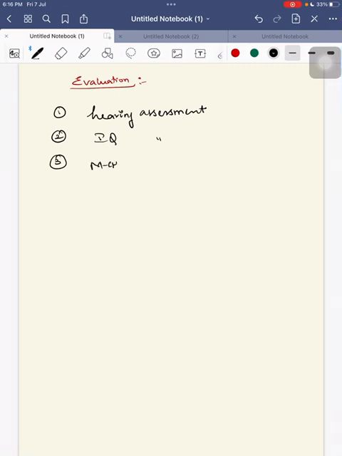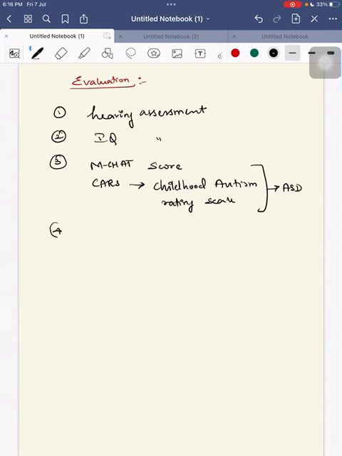Next, you will be doing MCHAT scoring or CARS, the Childhood Autism Rating Scale, to rule out autism spectrum disorder.